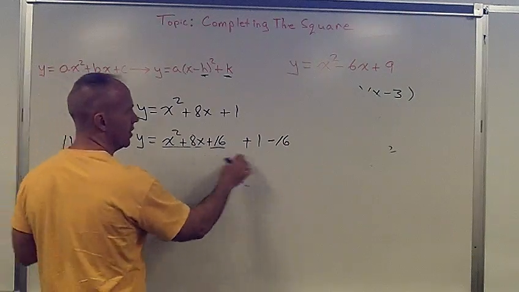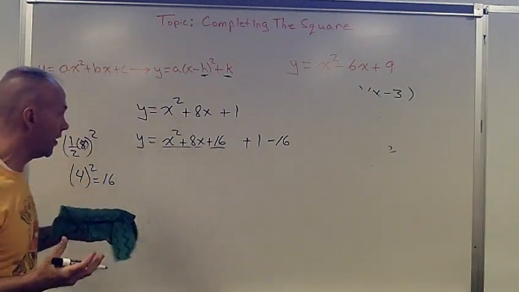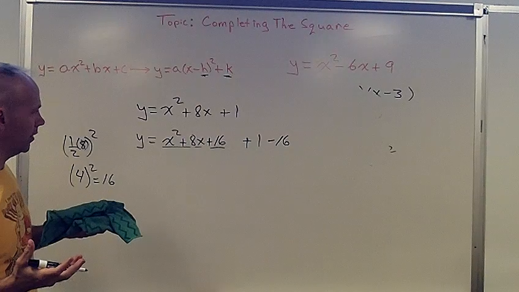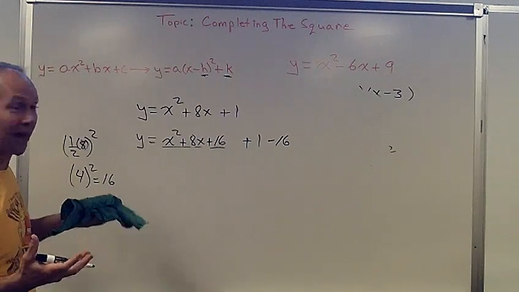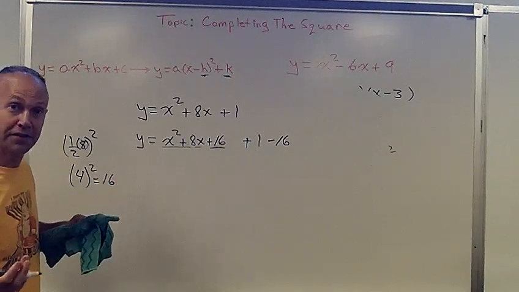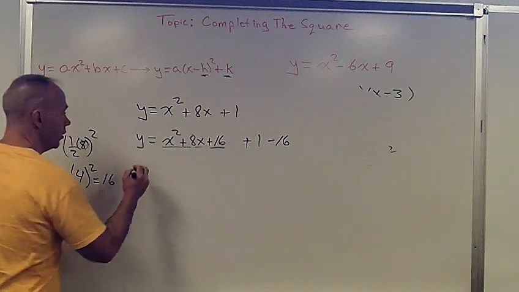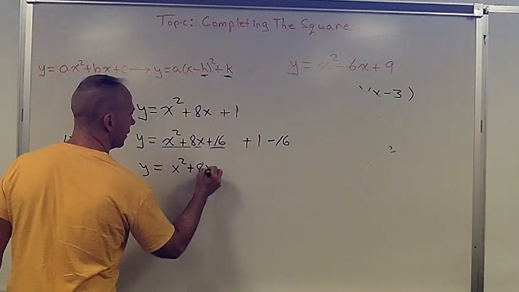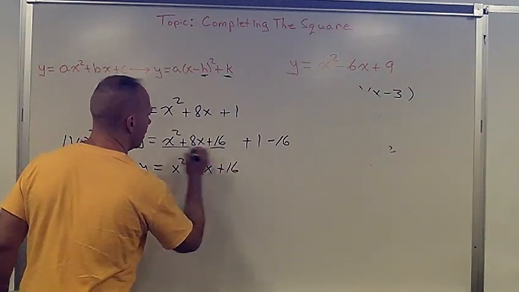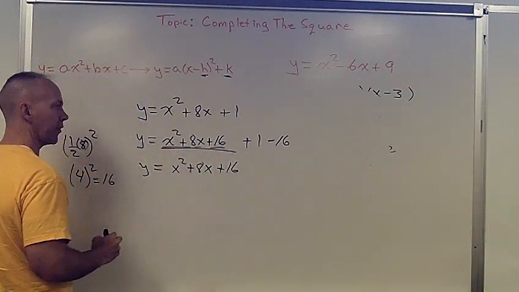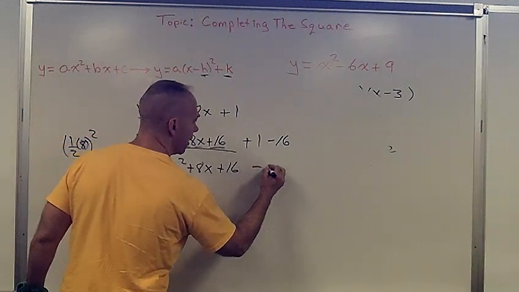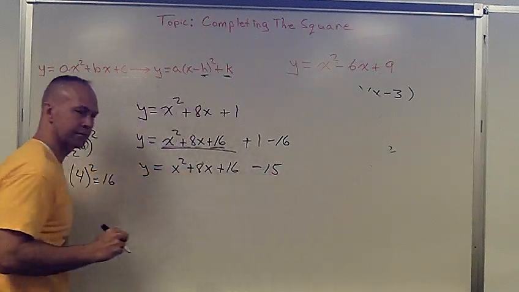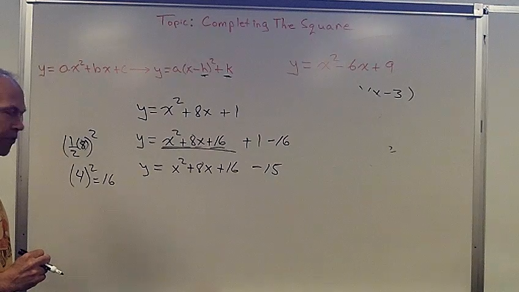Now if I add 16 and subtract 16, what's the net that I added? 0. I can add 0. So what I have here is y equals x squared plus 8x plus 16. Keep that trinomial together. And out here I've got minus 15. You with me?